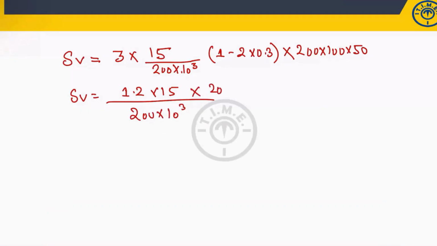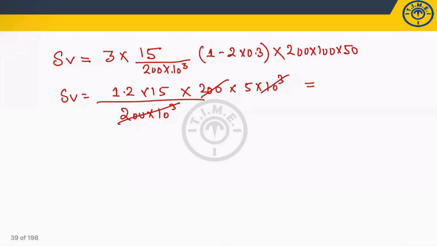So can I write this is 200 into 5 into 10 to the power of 3? Because I can cancel this stuff. What is this value then? This is nothing but the change in volume. Once you calculate, this value is 90 millimeter cube.